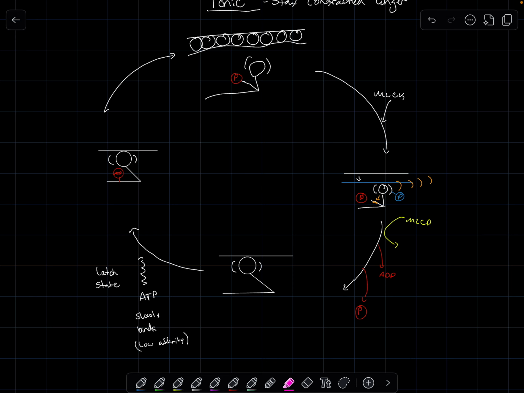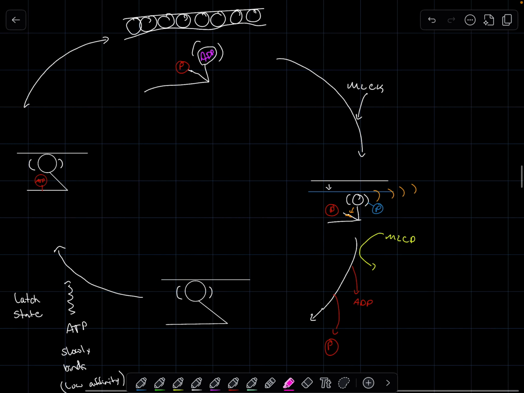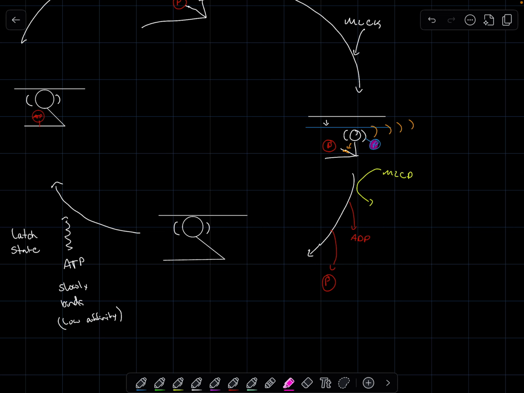So just as before, we have phosphate and ADP. And then, in order for us to bind to actin, MLCK comes in, adds in that phosphate there. We're able to bind to the actin and G-actin active sites. And once we're bound, MLCP and ADP and phosphate all come off.